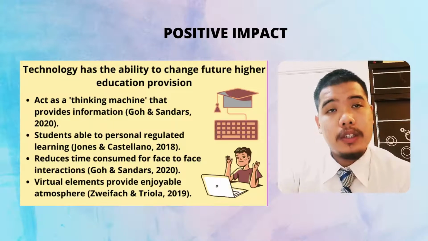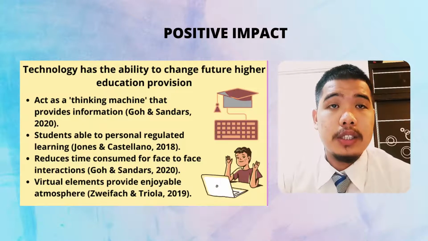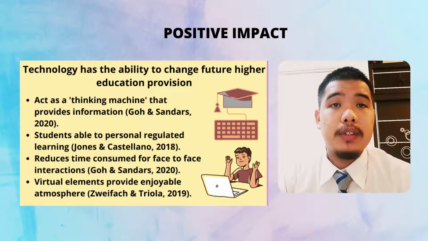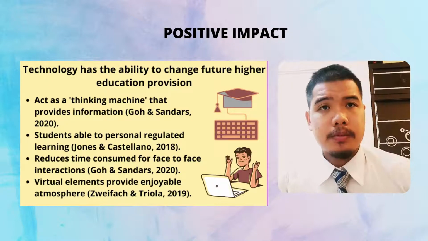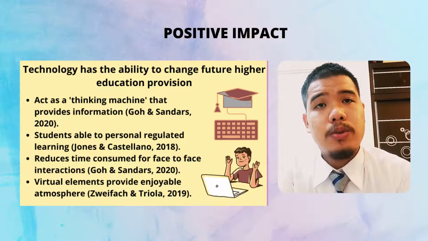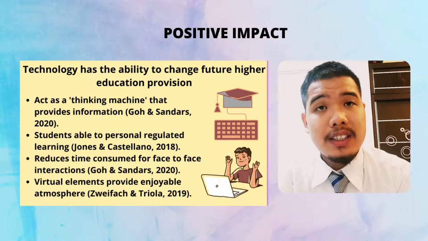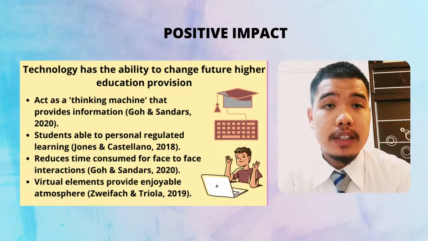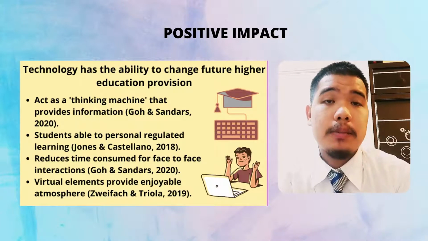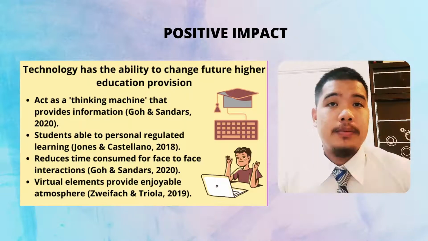The first point is that technology has the ability to change higher education provision, where it can develop higher education to be much better in the future. This can be supported in accordance with Go and Sanders 2020, where technology acts as a thinking machine that provides information and features for learning of students by using text and voice to communicate effectively.